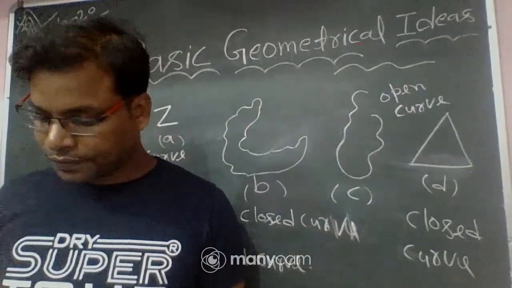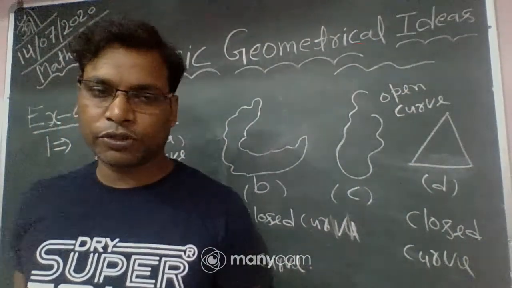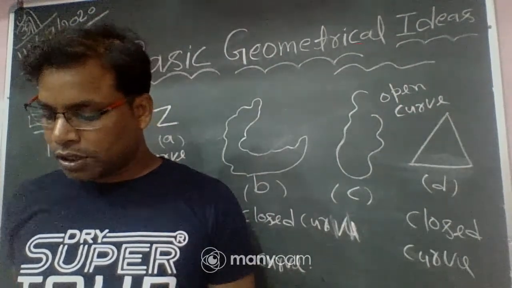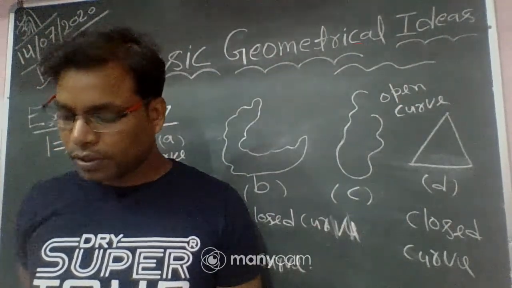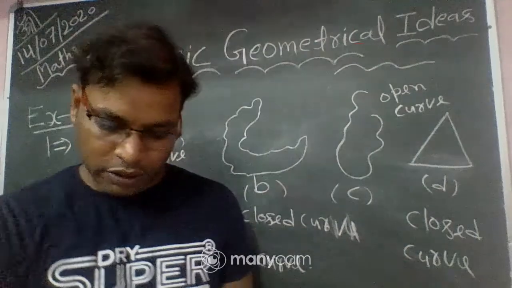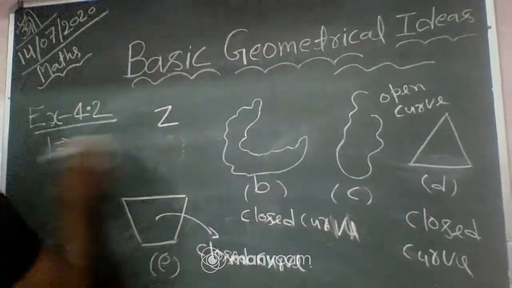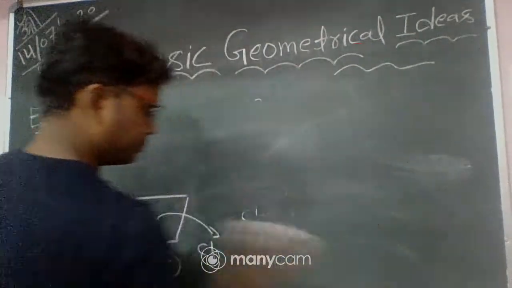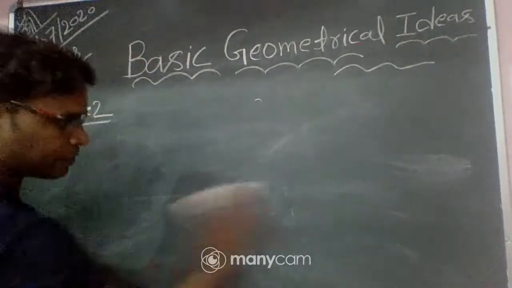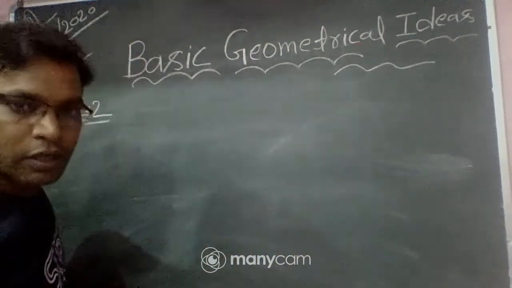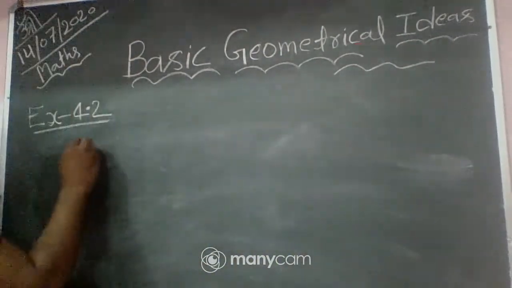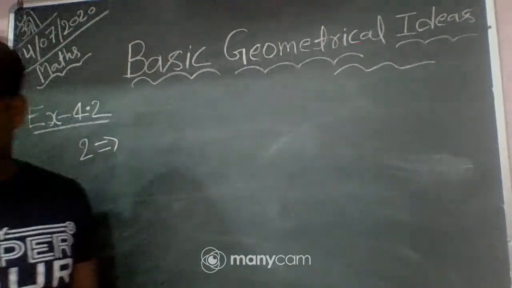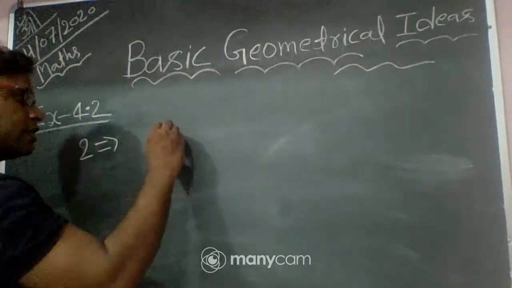So next, question number 2 of this exercise is: draw a diagram to illustrate the following open curve and closed curve. Let's see question number 2. We draw the first, an open curve, so you can draw it like this.